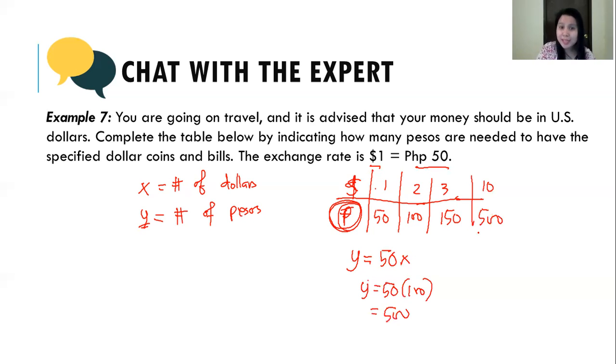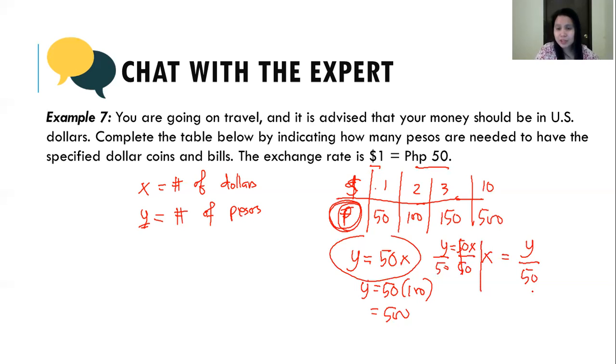Now, how do we write the function for the dollar, for x? If I'll have my x, that's going to be y over 50. How did I do it? From here, y equals 50x. I'll solve for my x, divide both by 50.